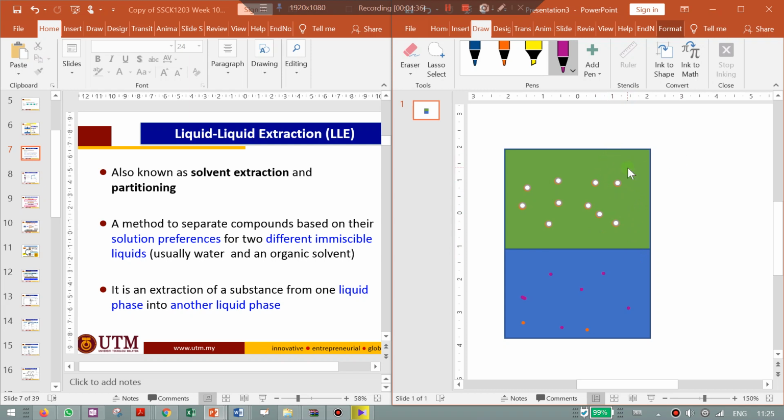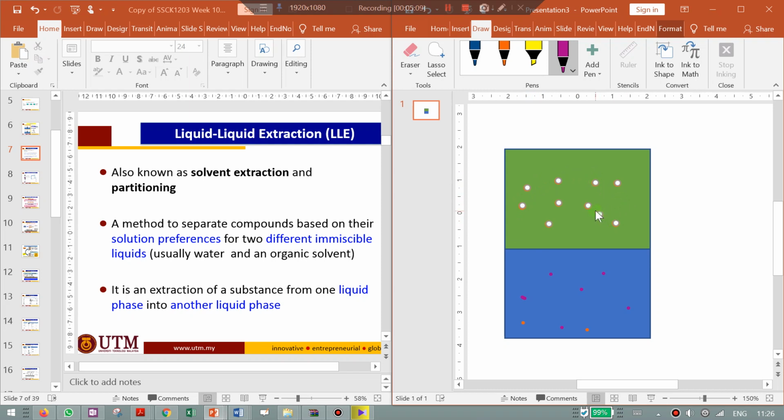It means that your methanol will totally dissolve in water. And the second thing, your analyte here is non-polar. It will not be efficient to be extracted using methanol. It will go to the non-polar solvent, for example hexane, methane, pentane.